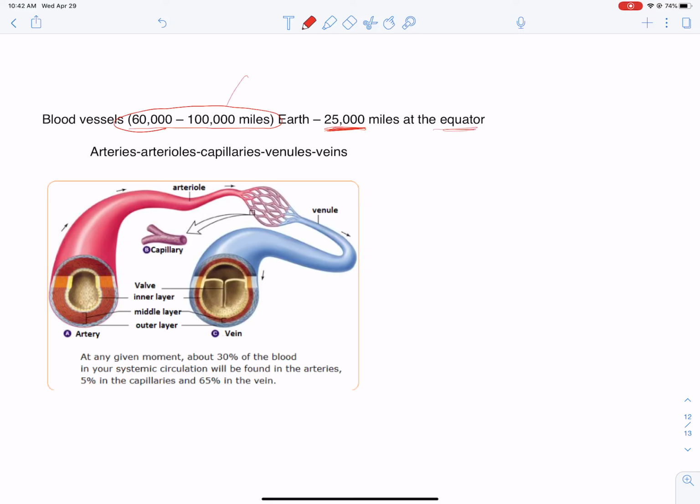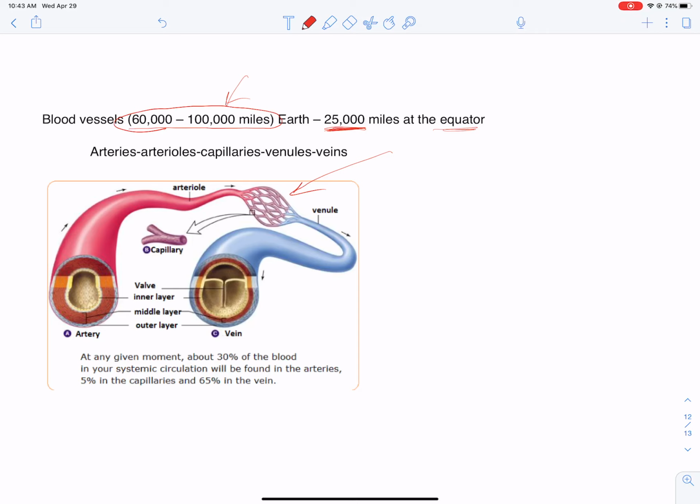So in theory, you could go around the world 4 times with your vessels. Now, how can that be? Well, most of that is these really small microscopic parts that are going to nourish the cells.